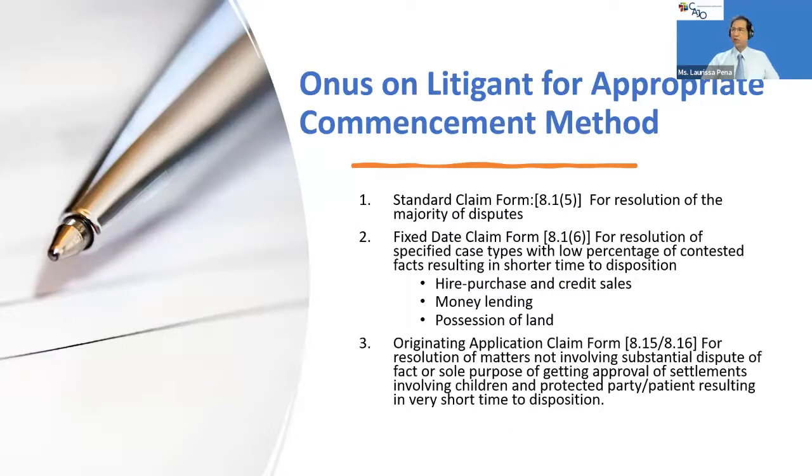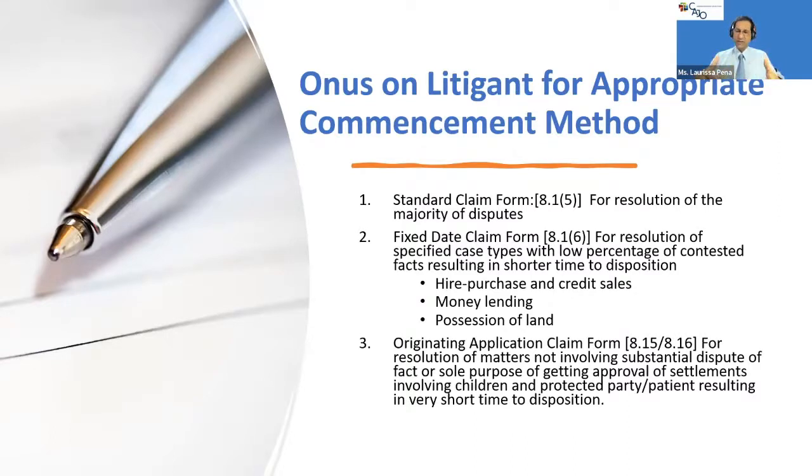Then there is something called a fixed date claim form. 8.16 speaks to that, and the rules prescribe that it is for the resolution of specified case types. Basically, this group of matters that fixed date claim forms address are matters where there should be no dispute of facts or very, very little dispute of facts, and where the disposition is likely to take a very short time.